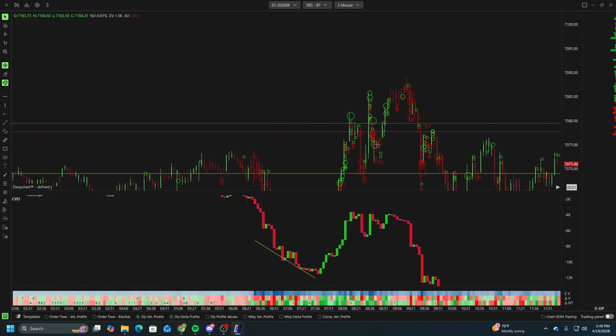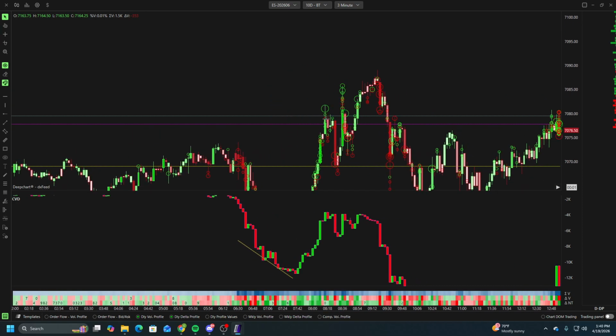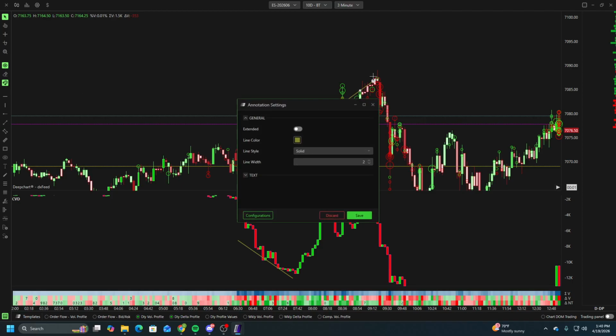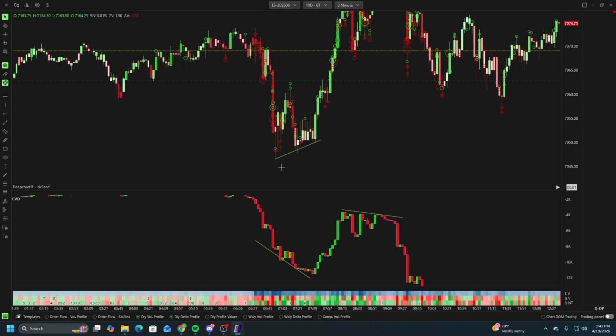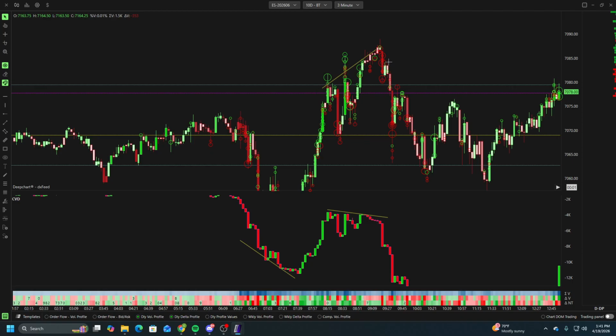What happens at the top of this pump here? We are making higher highs, right? We're making higher highs on the price. What are we doing on the CVD at this high? Okay? We're making lower highs. So what was this? This was absorption. What is this? This is exhaustion.